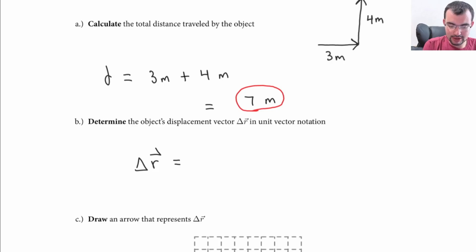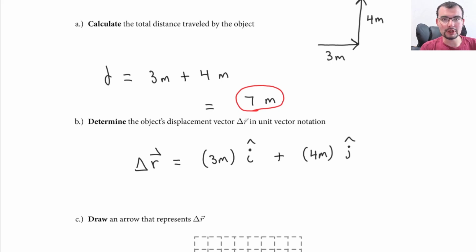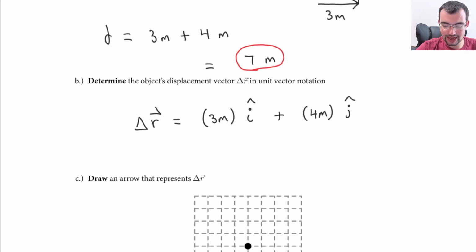We see that we went 3 meters in the positive x direction, so that gets the unit vector i hat, because I have 3 copies of rightward length. And then I have 4 meters in the j hat direction. I have 4 units in the plus y.